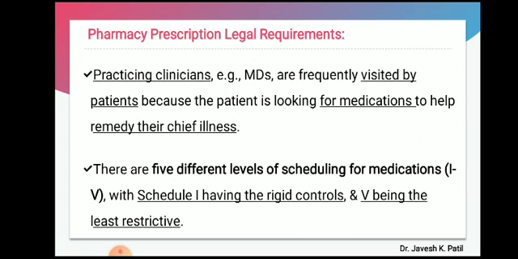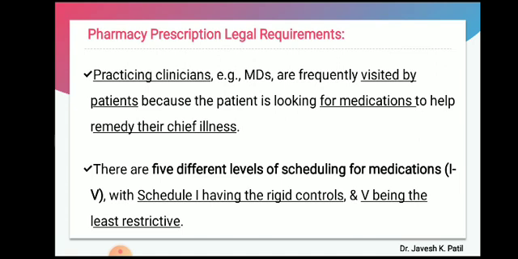So depending upon the extent of such possibilities, they are divided into 5 schedules. Schedule 1 to schedule 5 medicines are there, which are again called controlled substances.